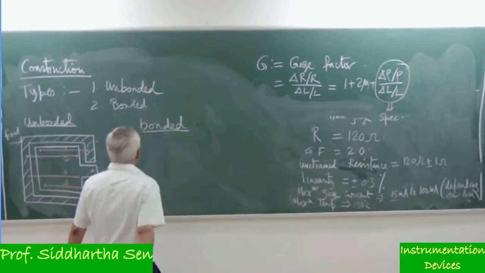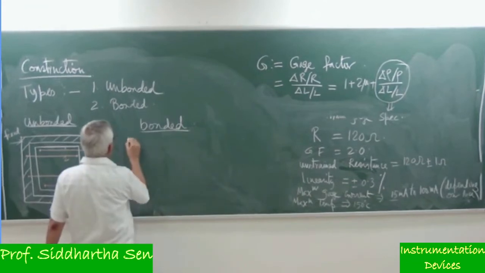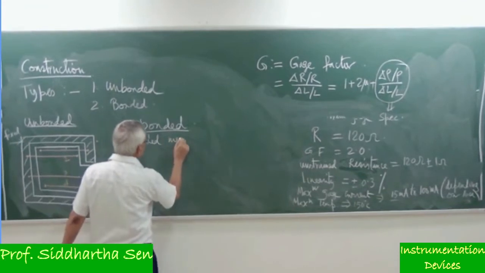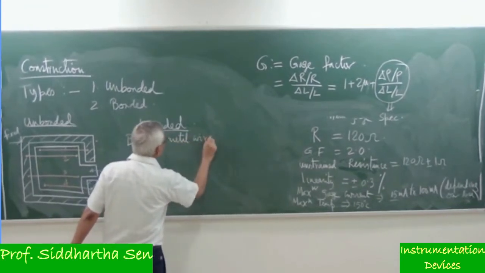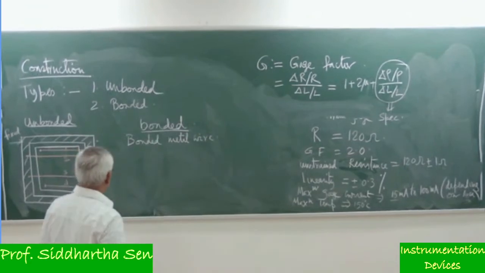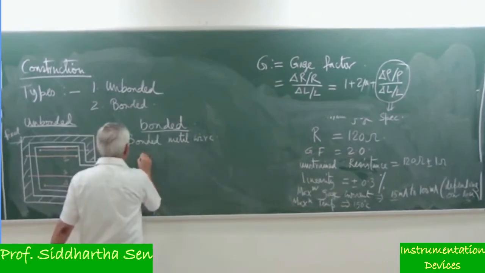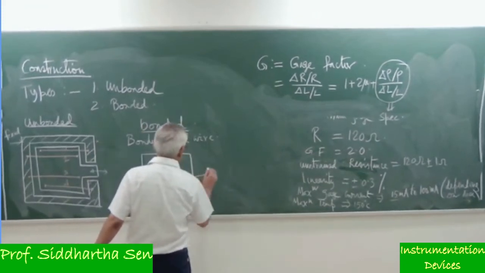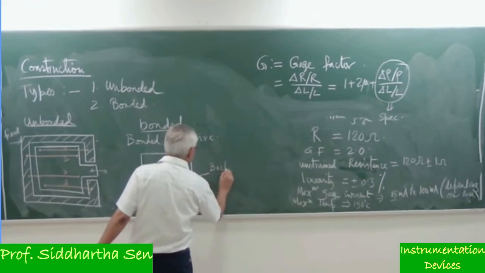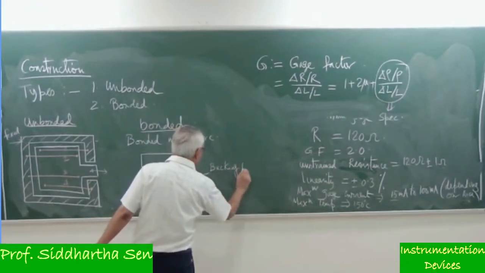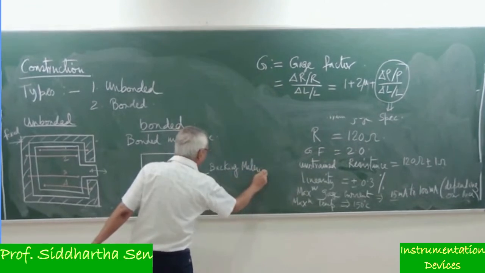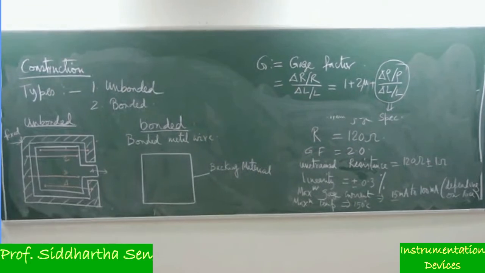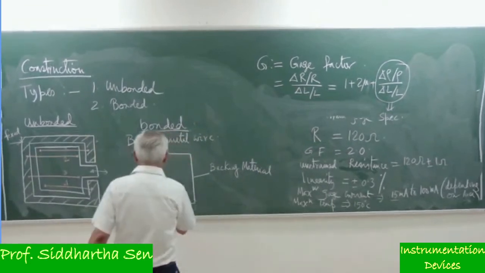For this one we can say simply the bonded metal, where we have some sort of backing material, over which the strain gauge is placed.